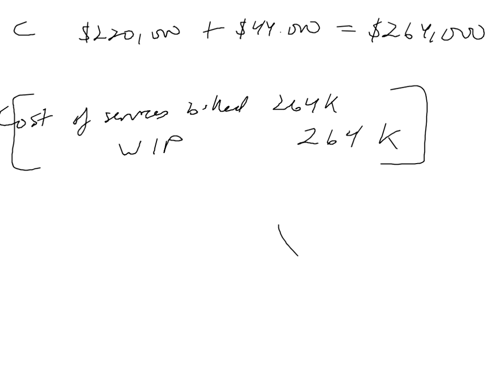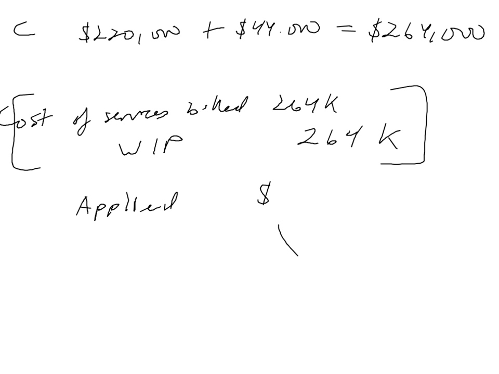And then D, we have to record the actual overhead. So applied overhead was what we did in B when we did the $40 per labor hour times the 1,100 hours.